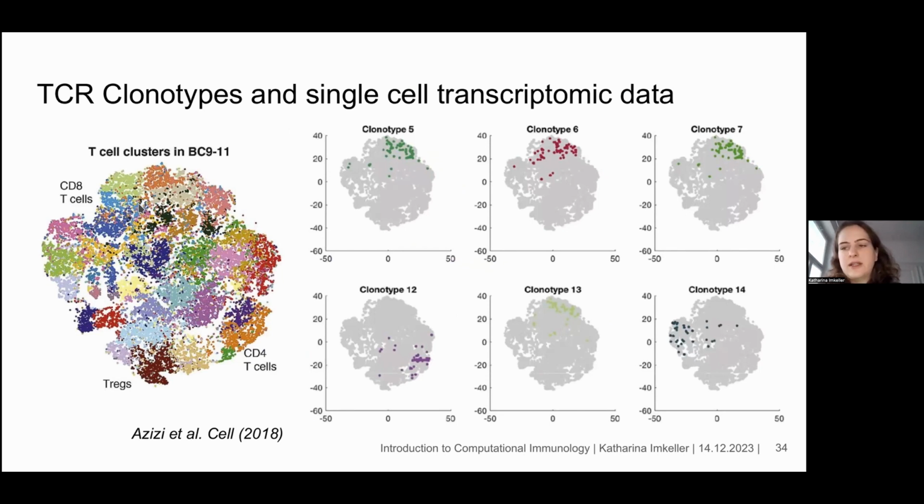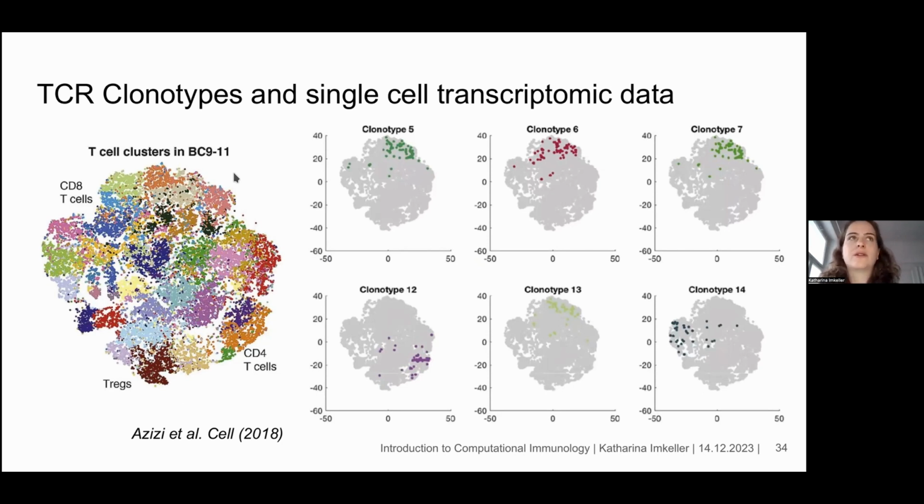I would just like to show this example here from this publication where the T cell receptor sequences and the transcriptomes of the T cells were measured at the same time. Here's some annotation of cell types. So CD8 T cells would be here, CD4 T cells somewhere here, and regulatory T cells here. And by using the information from the T cell receptor, and by knowing that one T cell receptor is so specific that it is very likely that each cell that expresses this particular T cell receptor is related within a cluster.